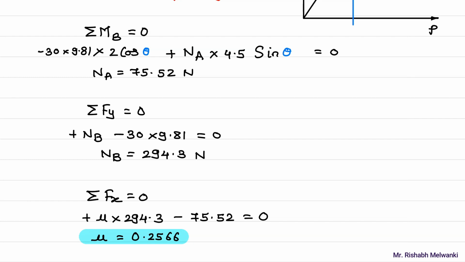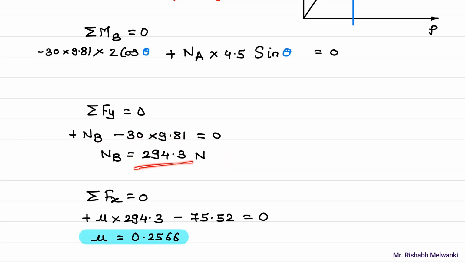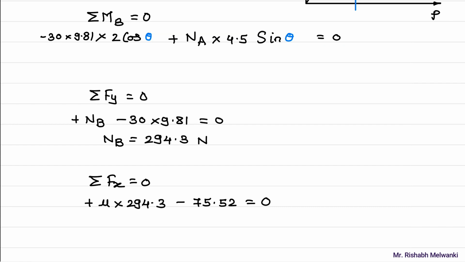Same way for this one, if I use this equation, I'll get the same value of NB, 294.3 Newton. And in this equation now, instead of keeping mu as unknown, I'll keep mu as 0.35, which is given in the question.